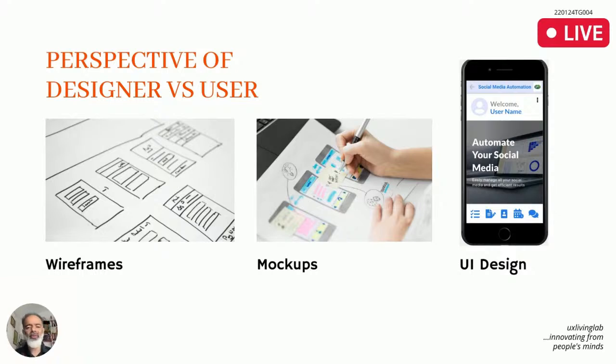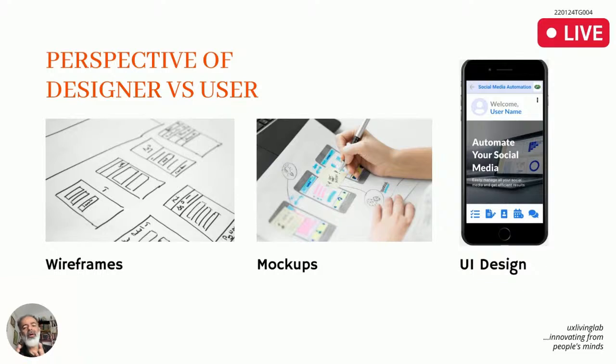The user is looking at your solution in terms of the user's needs. So the stage may be wireframe, mockup, or UI design. In wireframe, you can use in-depth interviews or group discussions, different methods to analyze your wireframes. You can present your wireframes in front of the user and ask their opinion and their views.